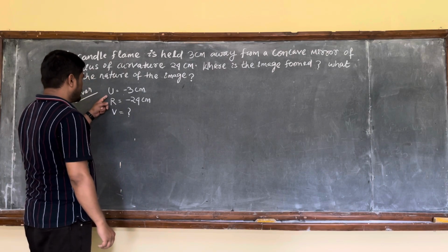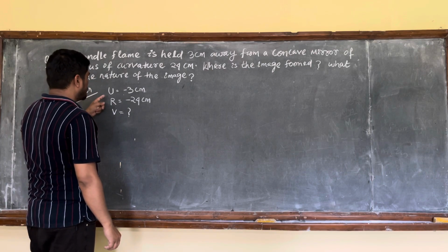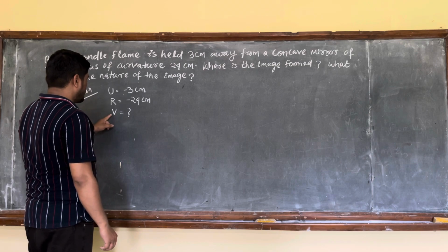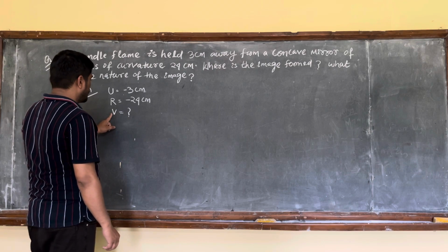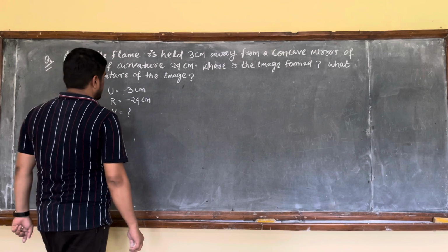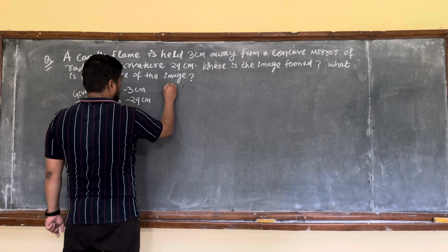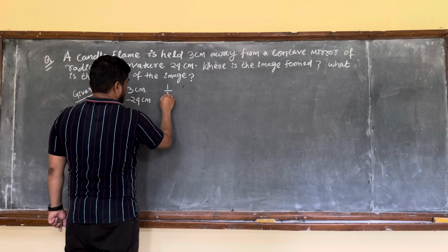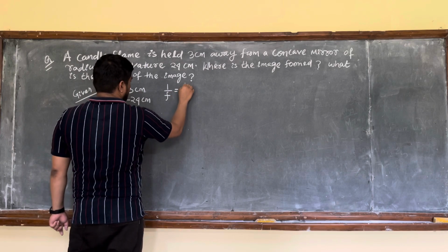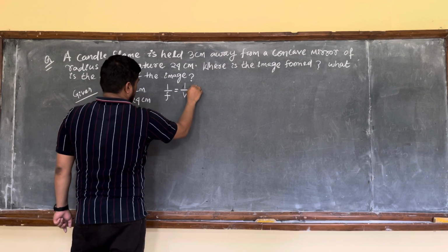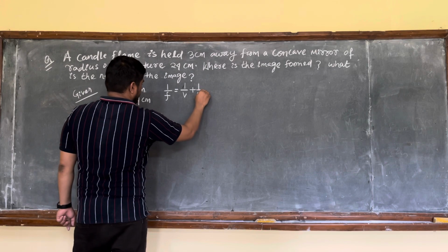So here first you have to use the mirror formula to find out the value of image distance. The mirror formula is 1 divided by f equals 1 divided by v plus 1 divided by u.